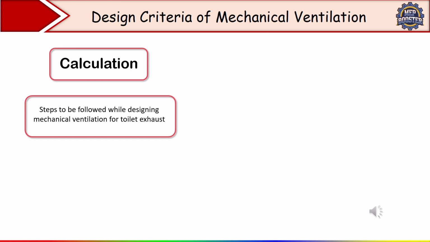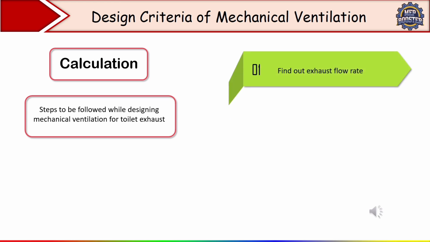Now here you can see how we can design this toilet ventilation system, what parameters we need to calculate. Okay, so see here the calculation part. Steps to be followed while designing mechanical ventilation for toilet exhaust system. Okay, so first of all we have to find out the exhaust flow rate. Suppose inside your toilet, first of all, how can you do the duct sizing?